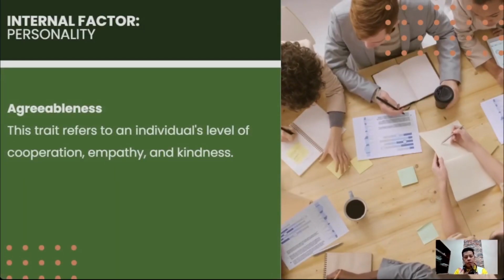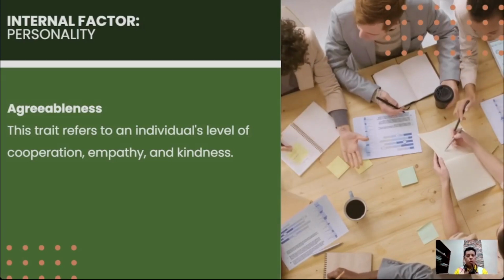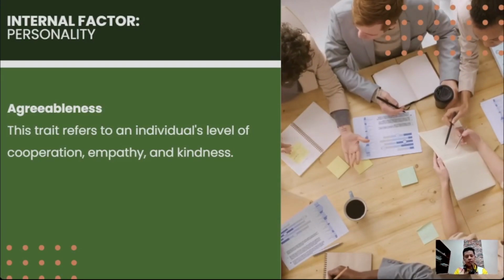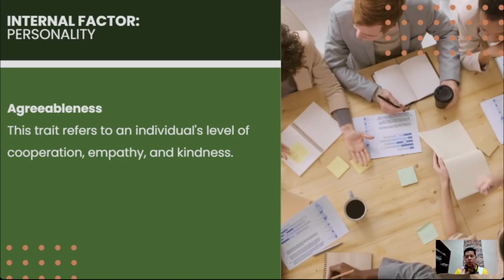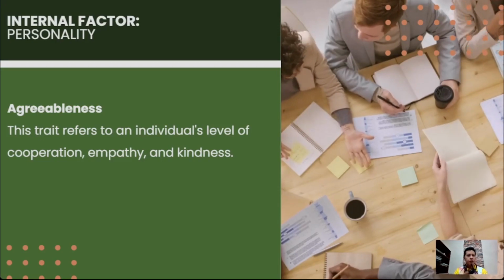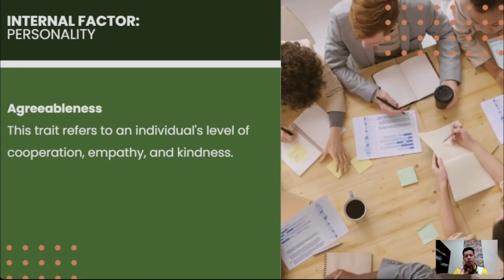Then there is the agreeableness of certain individuals, the level of cooperation, empathy, and kindness. How kind, how cooperative, how would they feel for a situation or scenario that may happen in their life?